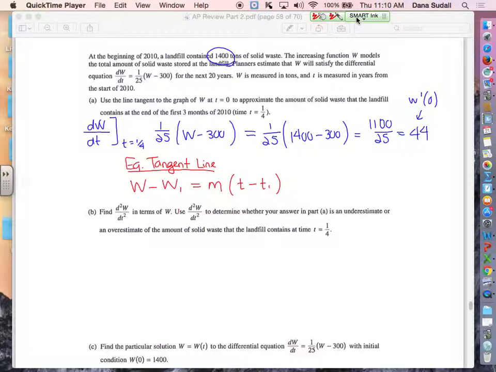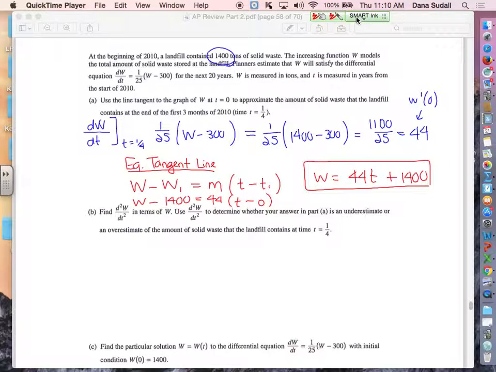So if I plug my values in for that, I would have my w minus the 1,400 equals the slope value, which was the 44 we just found, t minus the t value that we used to estimate, which was 0. And you could leave your answer that way. If you solve it, you would have 44t. And then if I put the 1,400 on the right-hand side, it would be plus 1,400, would be the equation.